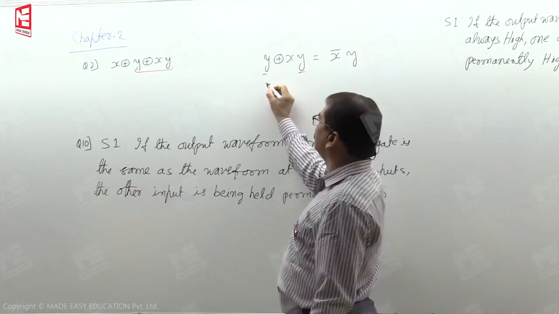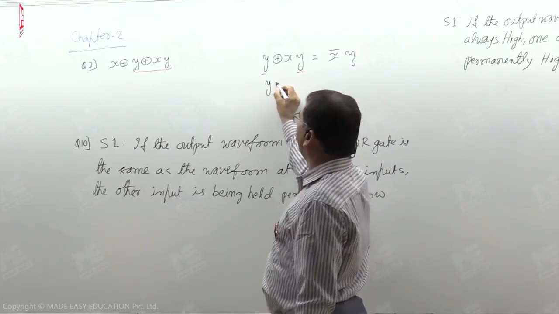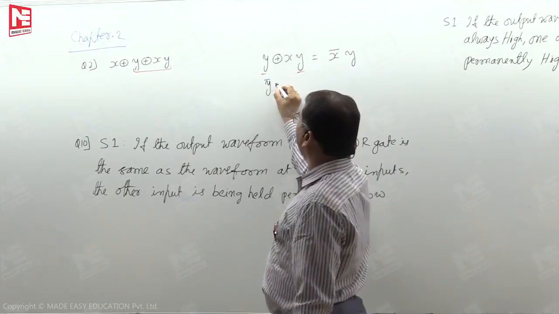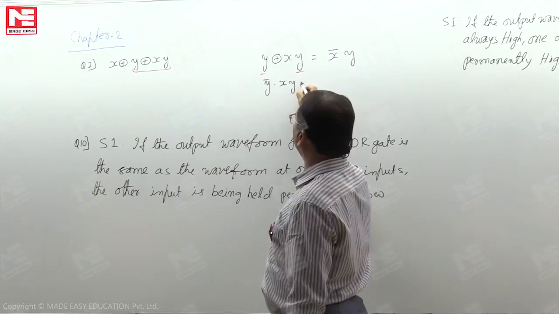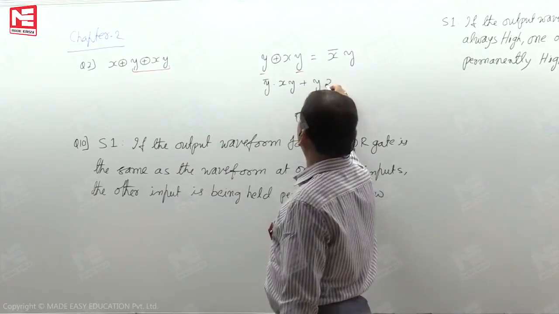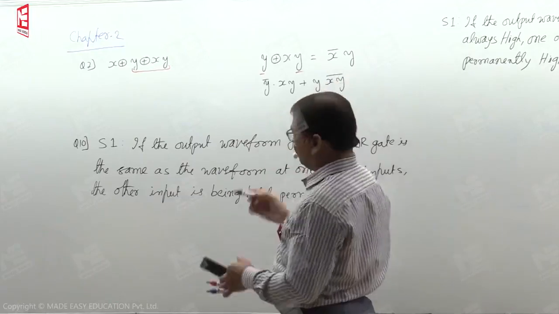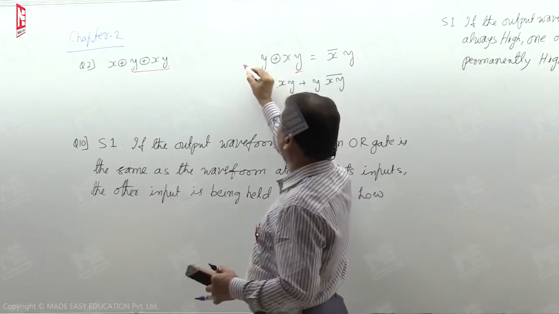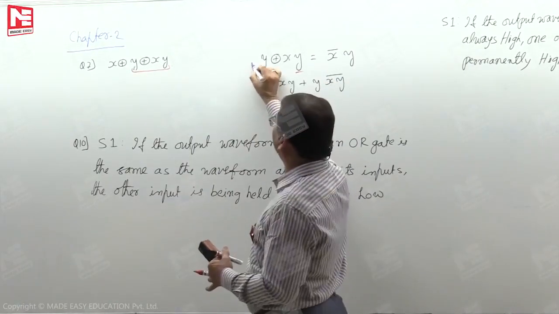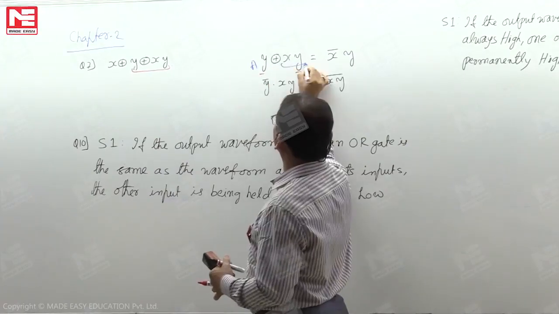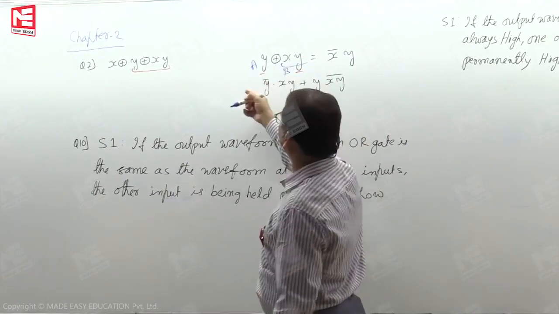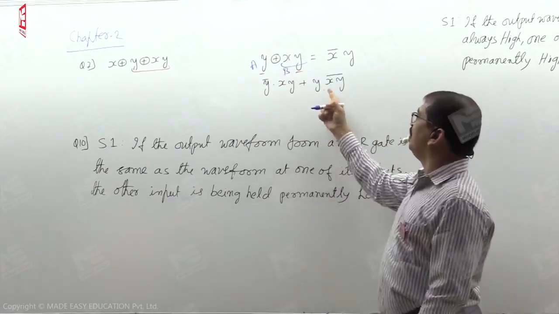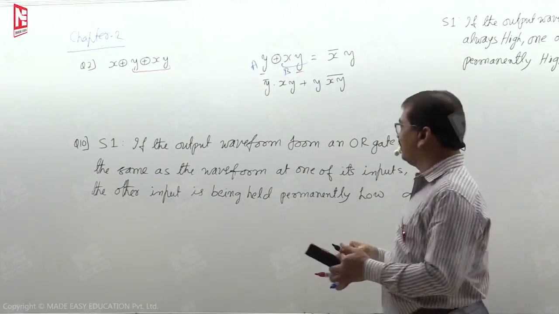If you are not able to remember, it won't take much time to evaluate. We read this as Y complement and XY, or with Y and XY complement, because you can read this as A, and this thing as B, so that A complement B or with A B complement.